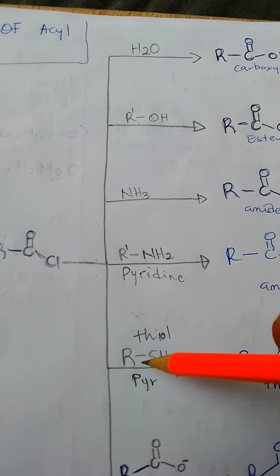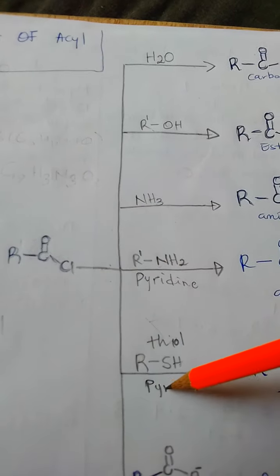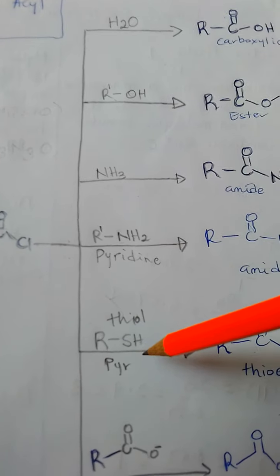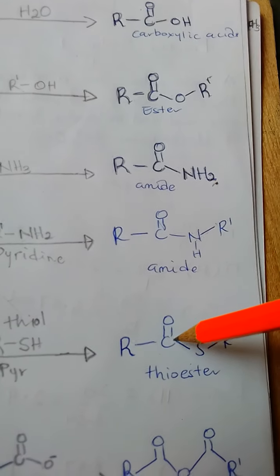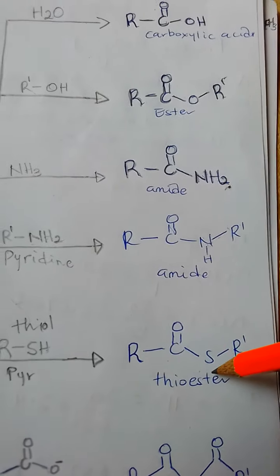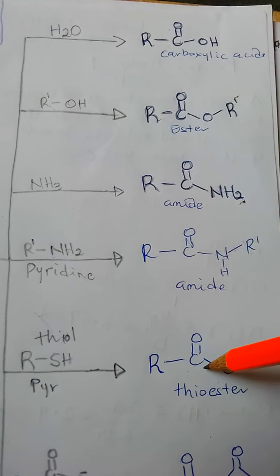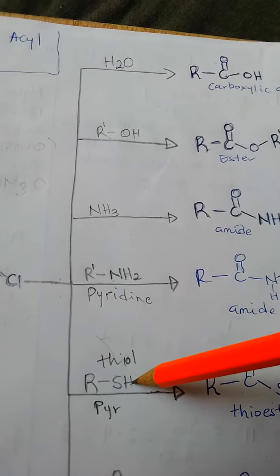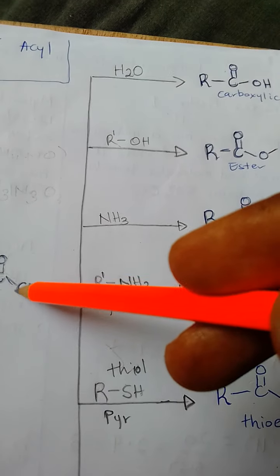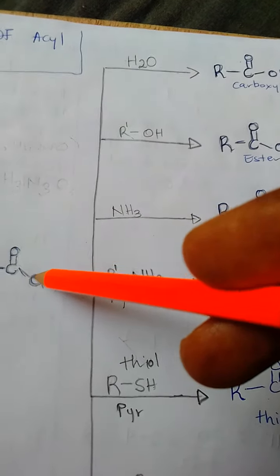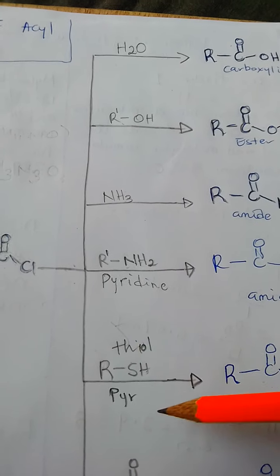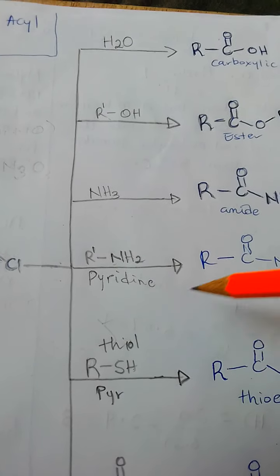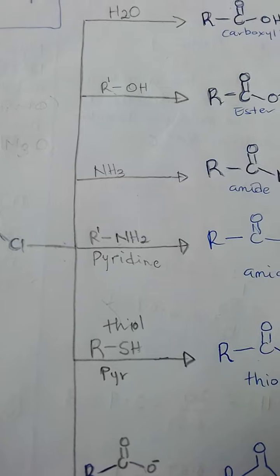And when a thiol reacts with acyl chlorides in pyridine, it also produces a derivative we call thioester. So this one too occurs in pyridine because this hydrogen forms an HCl with a chlorine which will form an acidic medium. Thereby this pyridine will neutralize the HCl to produce a neutral solution.